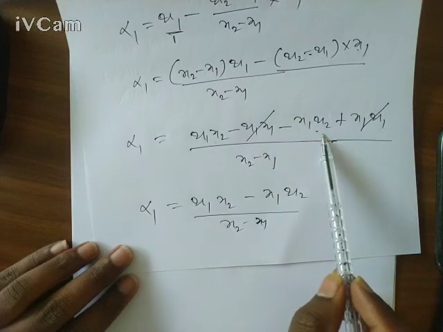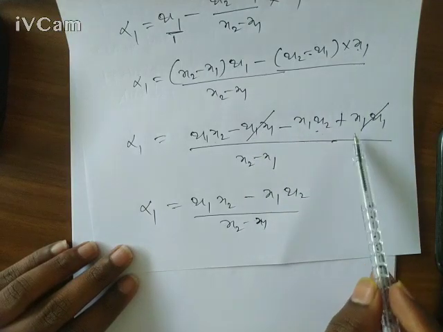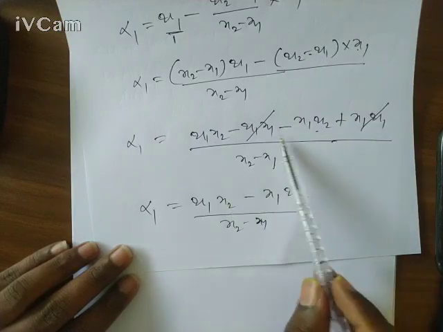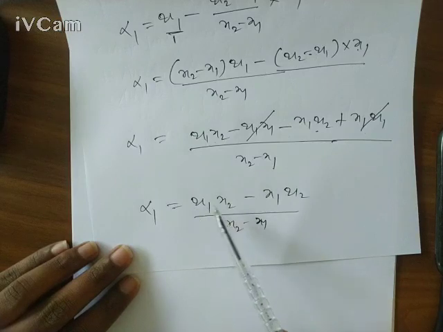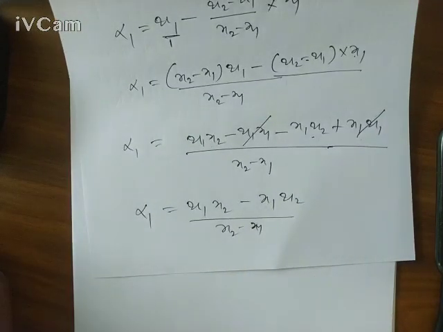And x1 u2 plus x1 u1, it is also right. So this I am going to cancel. Fine. u1 x2 minus x1 u2, right?